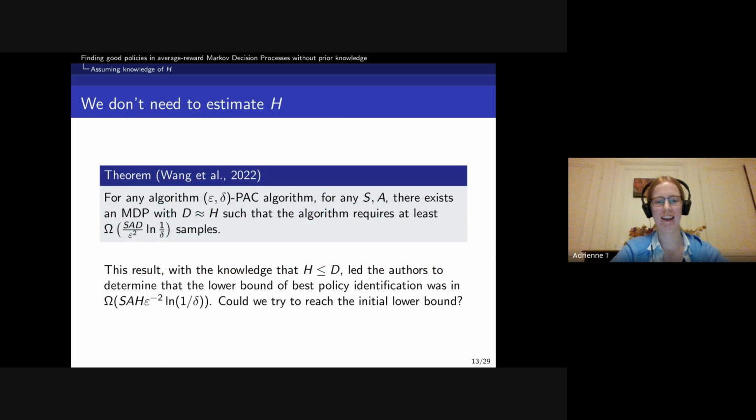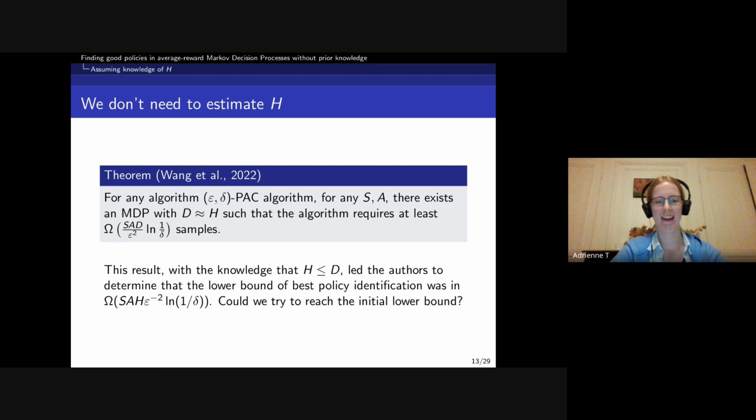However, there might be something that we can do even if we know nothing. Maybe we don't actually need to estimate H, because if we dig a little bit deeper, if we really look closely at the lower bound we had, which was in SAH over epsilon squared, then actually the lower bound is in the diameter. It's in SAD over epsilon squared.